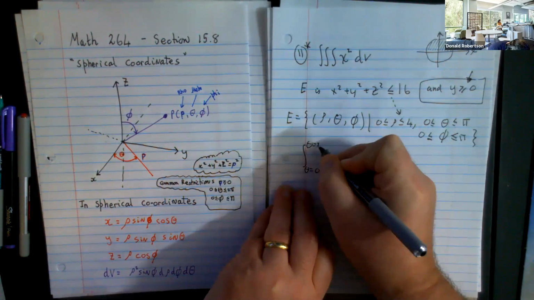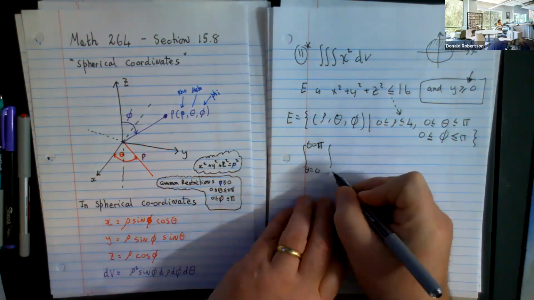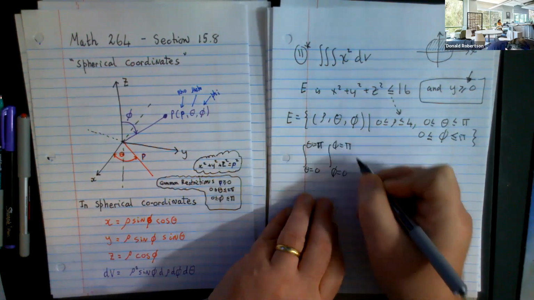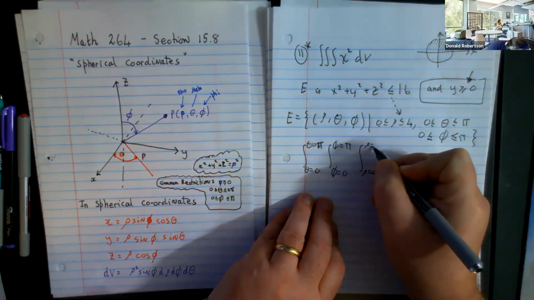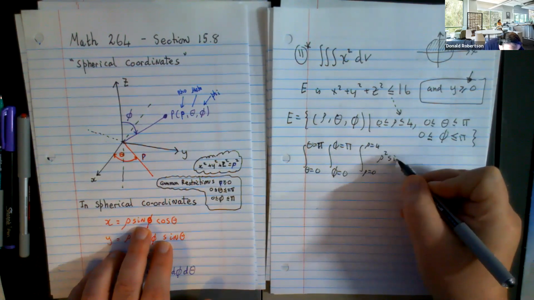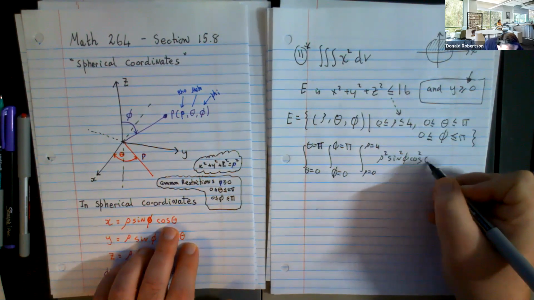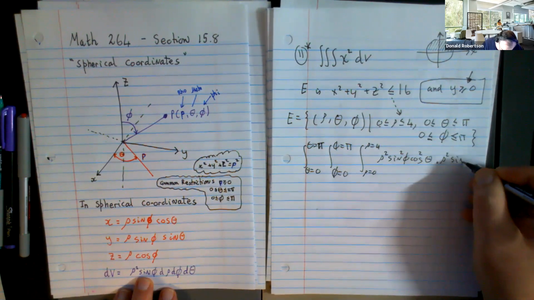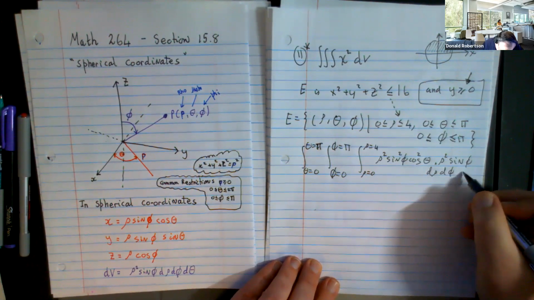There we go. 0 to pi, 0 to pi, 0 to 4. X squared becomes rho squared sine squared phi cos squared theta, followed by a rho squared sine phi, and then the usual d rho d phi d theta.